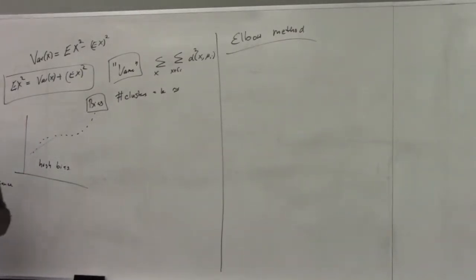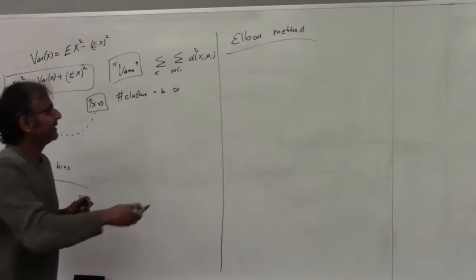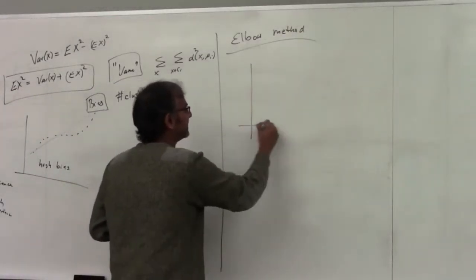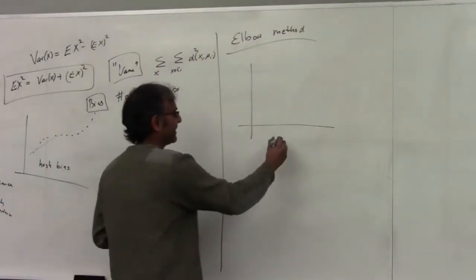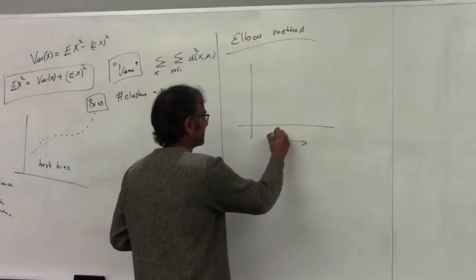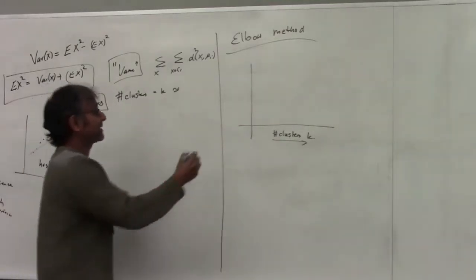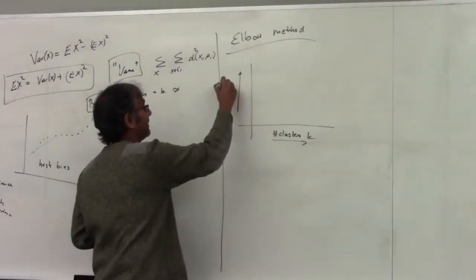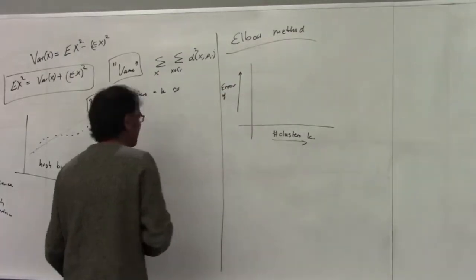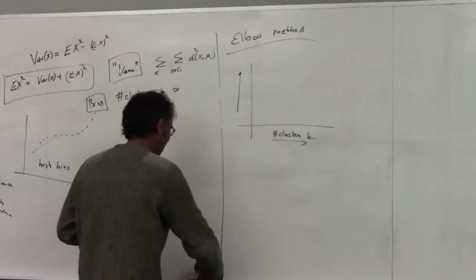So what you do is, if you want to figure out what seems to be the right number of clusters for your data, you make a plot. So you plot the following. Now on the x-axis you say, this is the number of clusters. On the y-axis, you plot the error. Well, not the error, let me say the cost of the clustering.